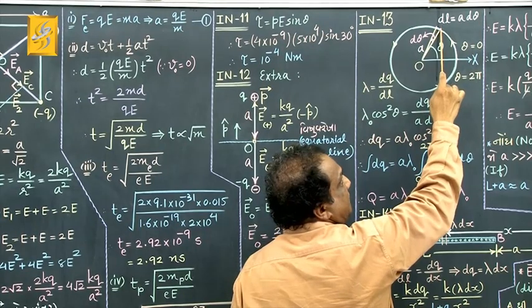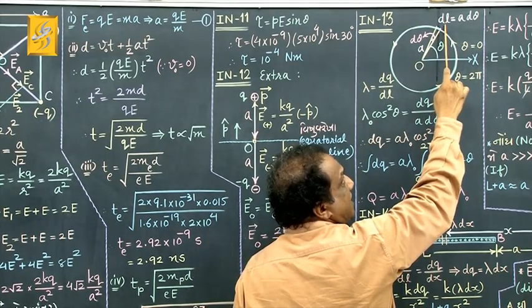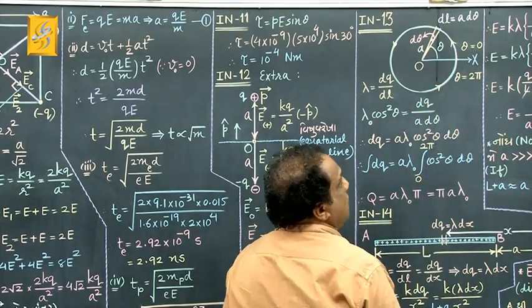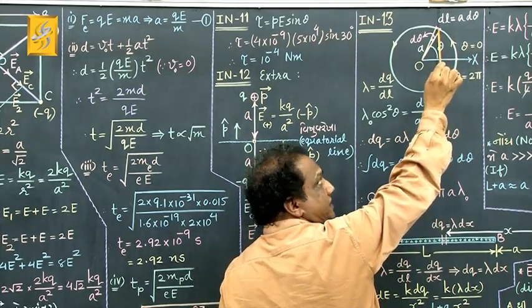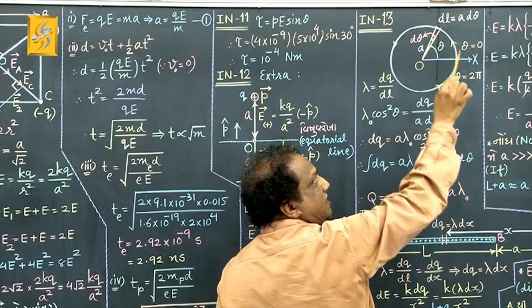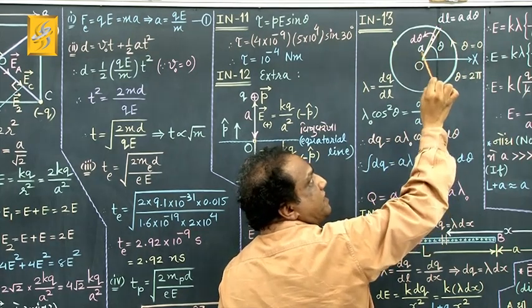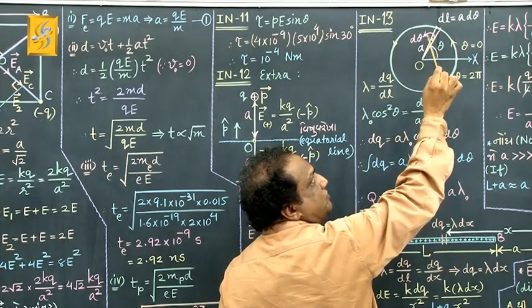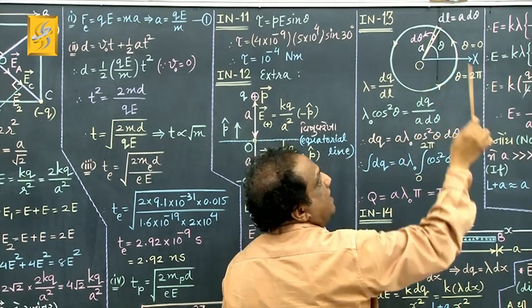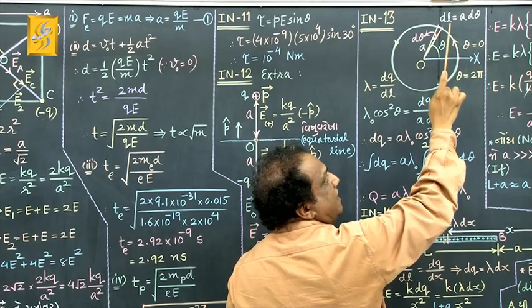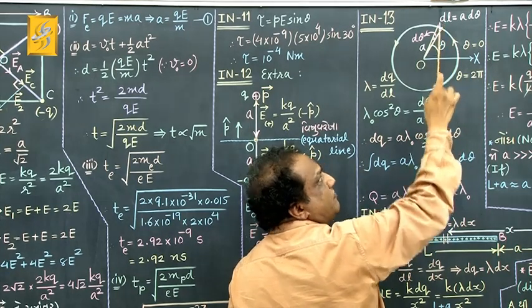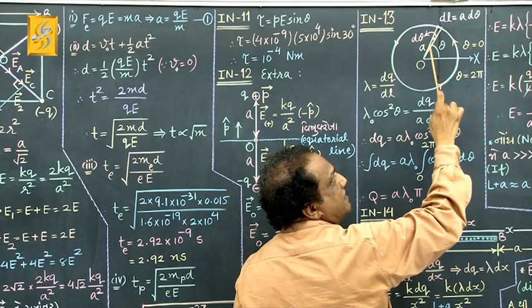Its length from here to here I am taking as dl. The angle made by this length element, that is the arc of this circle, at the center of the circle is d theta, because it is an extremely small angle, and the angle made by the considered length element with the x axis I am taking as theta.